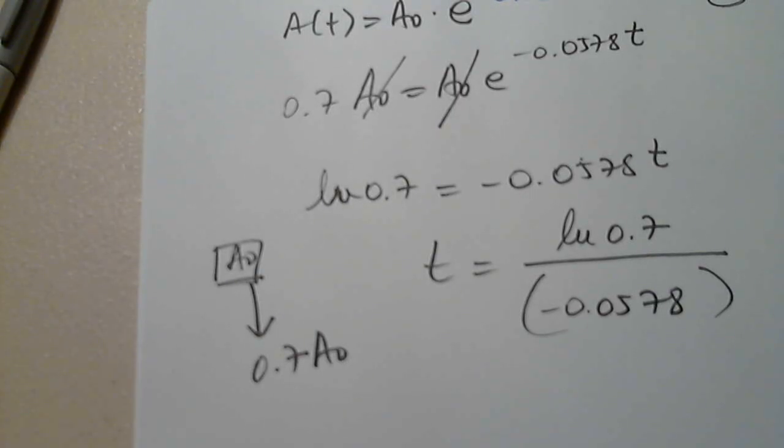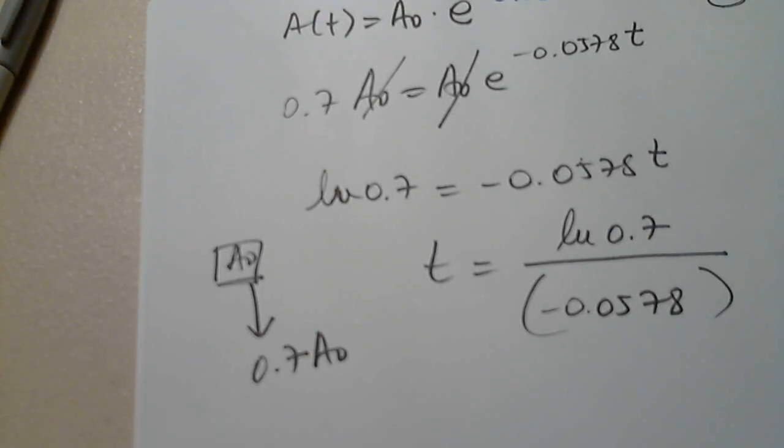So when it's half, it's 12 hours. Right? But it decays to 0.7, it's not half, so it should be less than 12 hours. So divided by negative 0.0578, or just copy the previous answer.